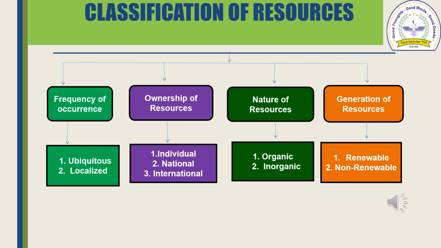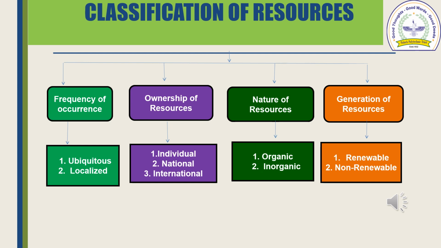What are ubiquitous resources? The resources which occur everywhere are known as ubiquitous resources. For example, air, sunlight, soil, etc. These resources are of low value or free from nature.